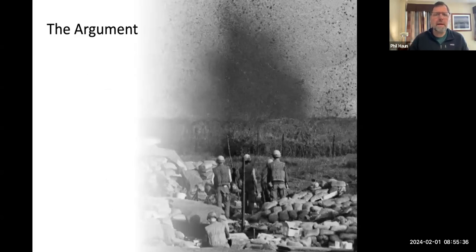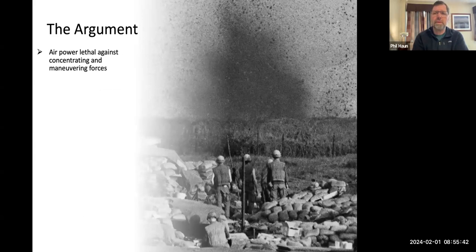The argument that I make is that air power or air forces are most lethal against enemy ground forces when they mass and when they maneuver. What we see is that when air power is effective, it deters armies from doing what they want to do. Their primary strategy is to concentrate at the decisive point, as Clausewitz would say.